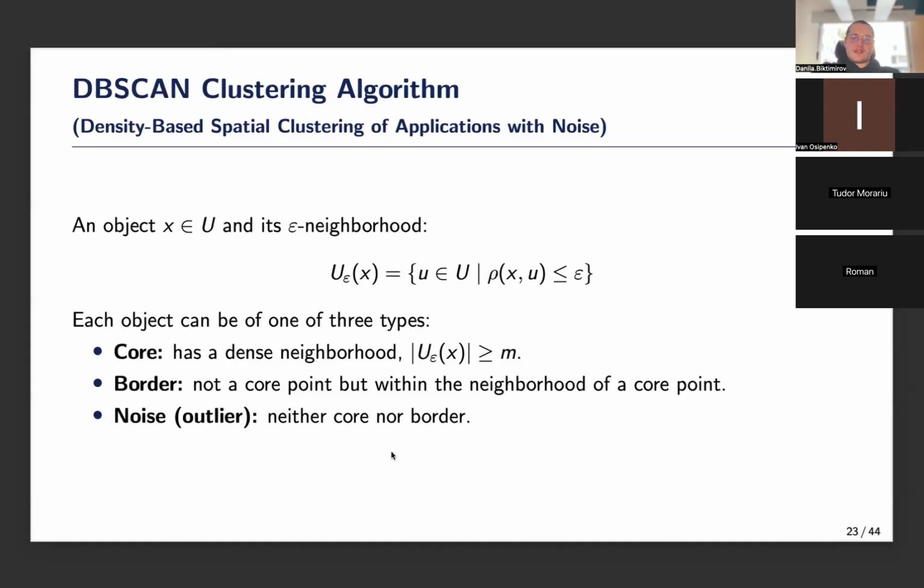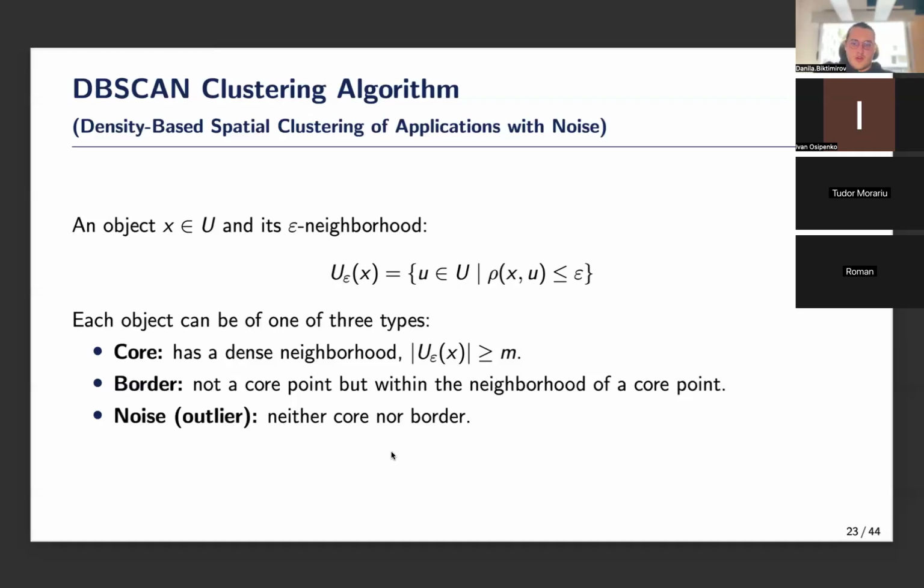The resulting clustering will depend entirely on these two parameters. This method is also good because it doesn't require specifying the number of clusters in advance. The number of clusters is determined dynamically based on epsilon and m. In contrast, k-means requires specifying k, because we give the algorithm k clusters for clusterization.